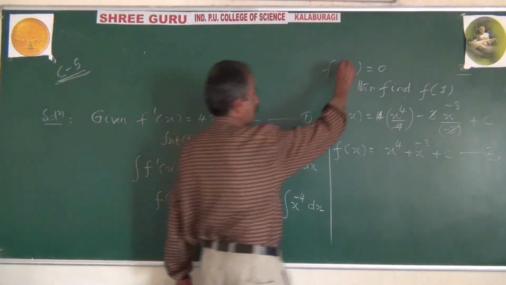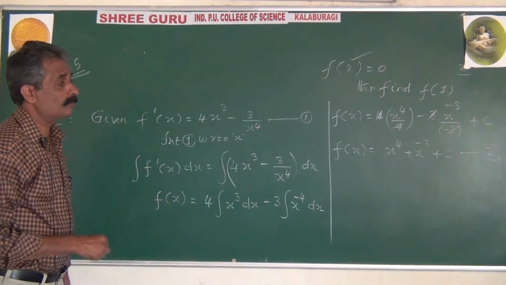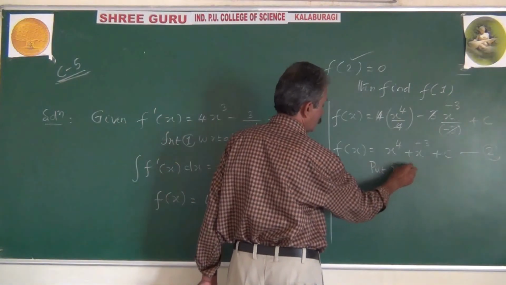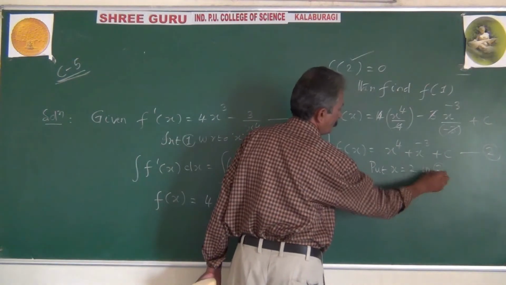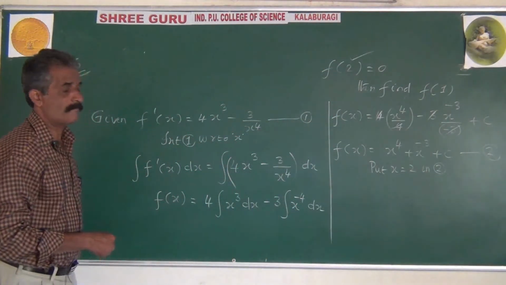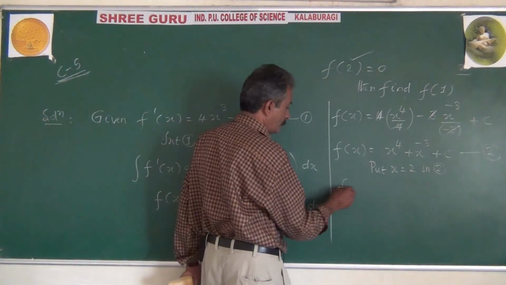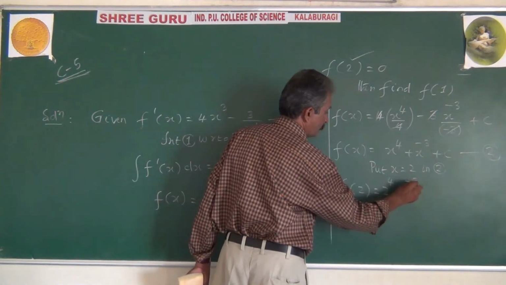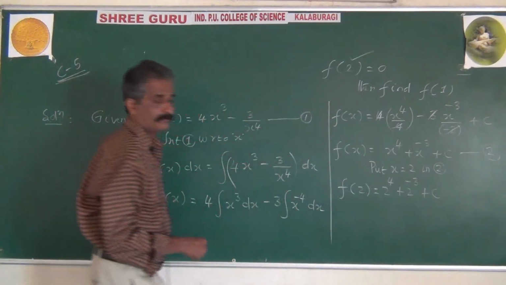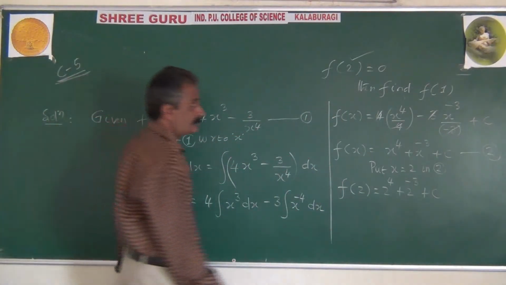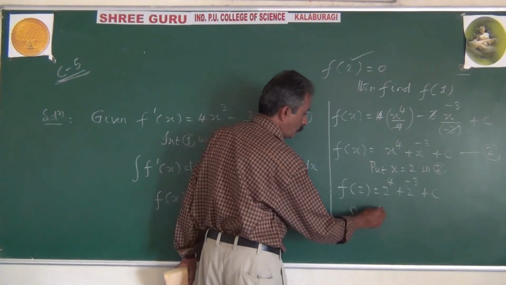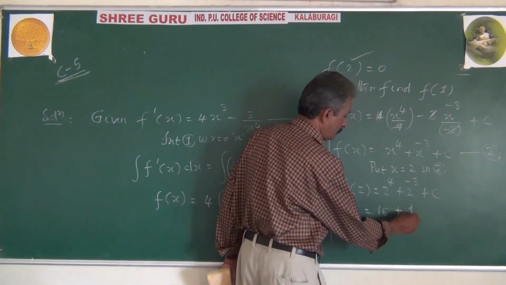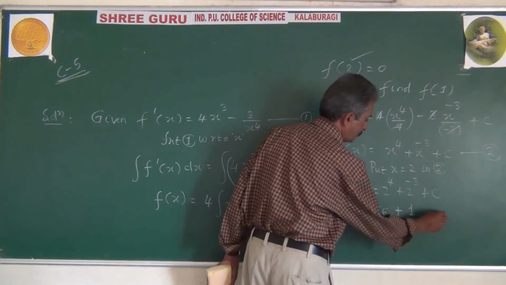We use the given data. What is the given data? F of 2 is given as 0. So put x equal to 2 in the equation. F of 2 equals to 2 power 4 plus 2 power minus 3 plus c. F of 2 is given as 0. 2 power 4 is 16. 2 power minus 3 is actually 1 by 2 cube, means 1 divided by 8, plus c.